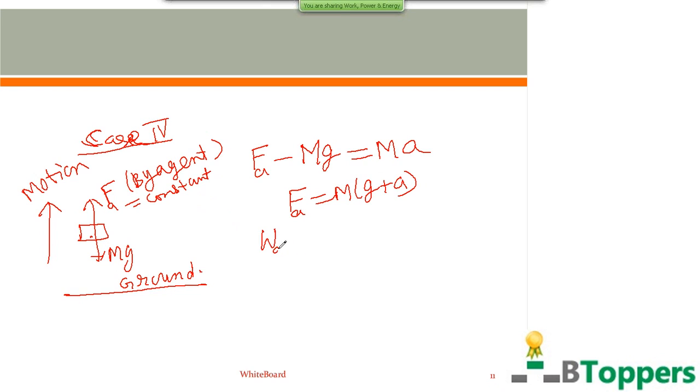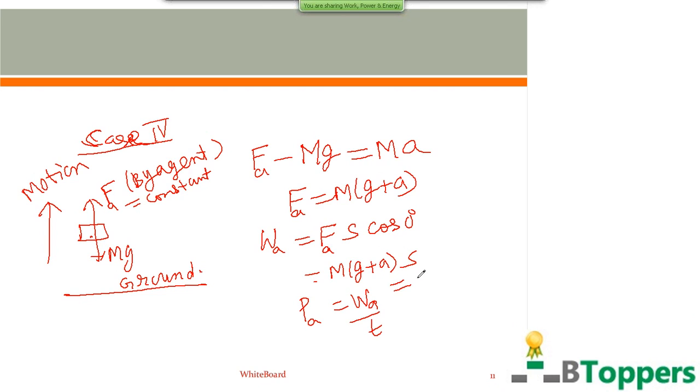So work done by the force applied by the agent, as the body moves through a distance s, is equal to Fs cos theta. Here theta is 0 degrees. That is m into g plus a into s. So average power delivered by the agent is equal to work done by the agent divided by time, so m into g plus a into s by t.